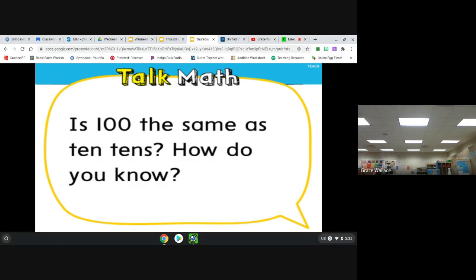Tens here, but where are my hundreds? If you ask the grown-up at home with you, or if you have a brother or sister. Trying to find my tens. I wonder if they're in this box right here or with the dice. And they are.